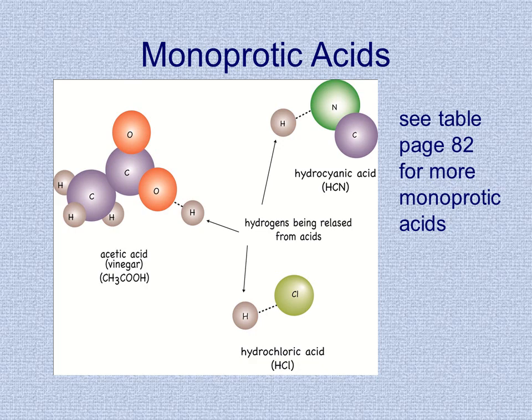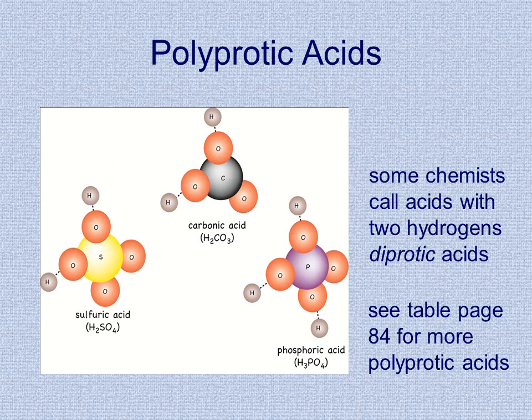Monoprotic acids are acids that only have one proton or one hydrogen ion. You dissolve them in water, they release only one hydrogen ion. On page 82, you can find more monoprotic acids listed in your textbook. Polyprotic acids have more than one hydrogen ion.